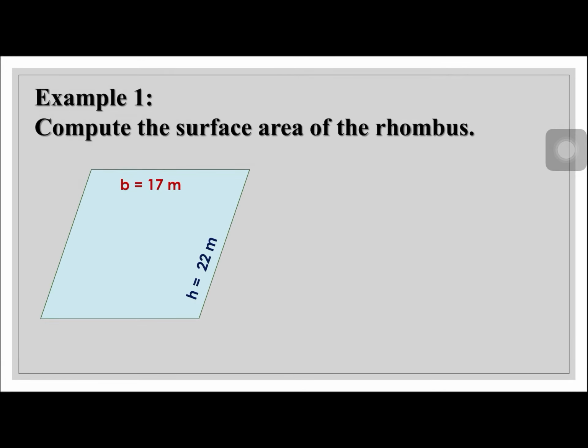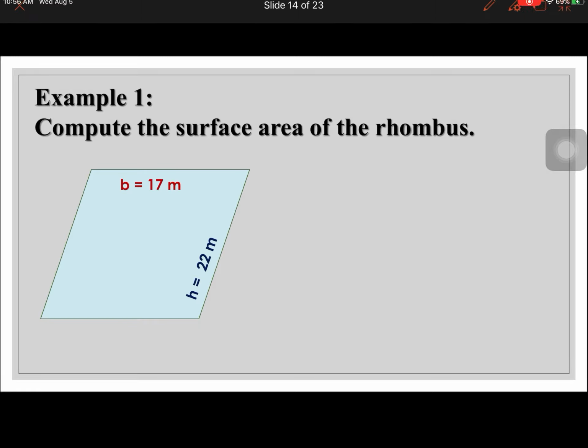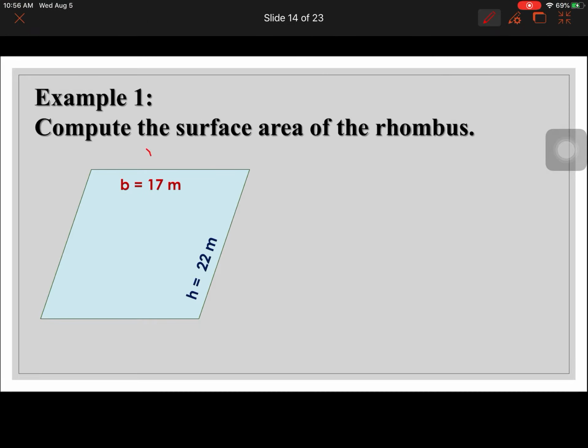Unang example, compute the surface area of the rhombus. Ang rhombus na ito ay may sukat na 17 meters sa base at ang height na 22 meters. So, ang formula na gagamitin ay base times height. Isa-substitute lang natin yung mga value na yan base sa given na value.